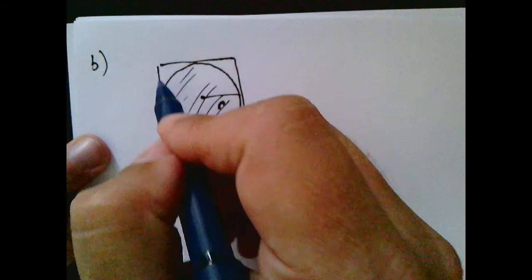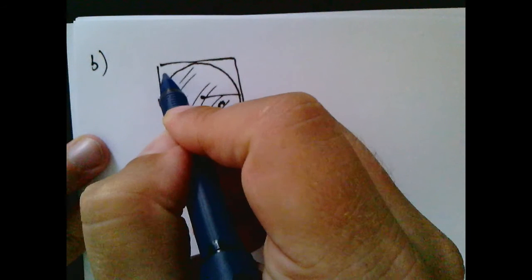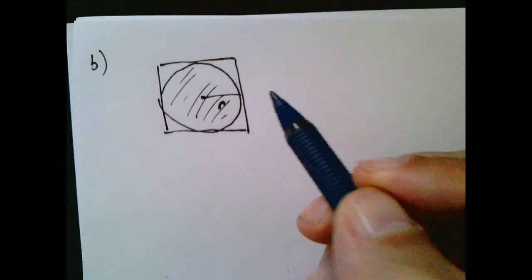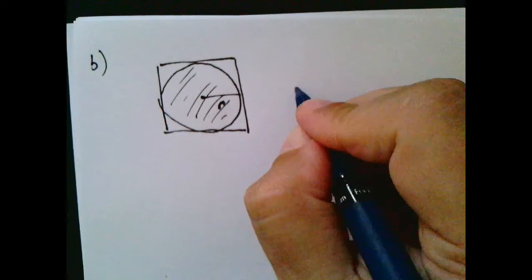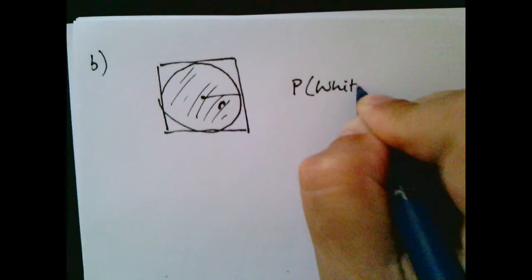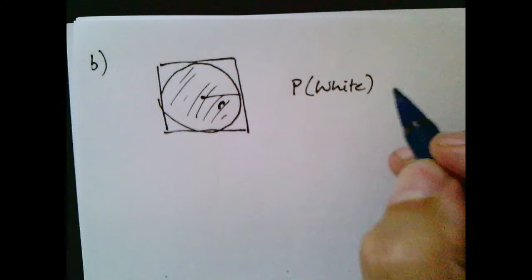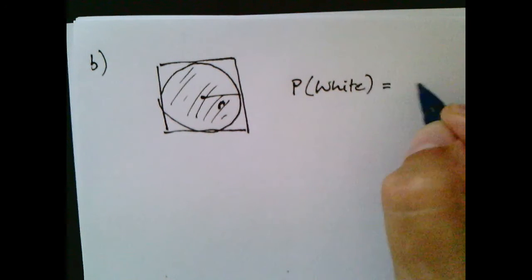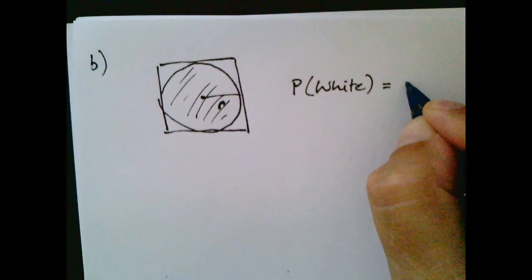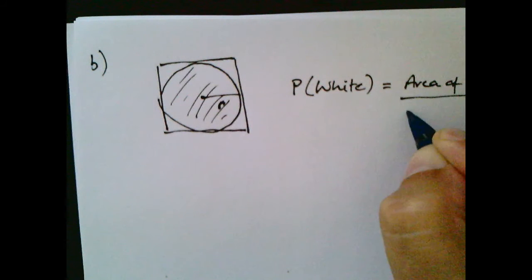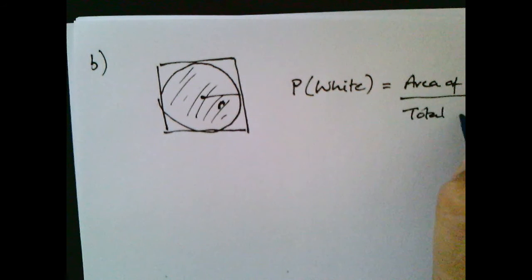So it's going to be the probability of it landing here, here, here, or here, which we can write as the probability of it landing in the white section is the area of the white section divided by the total area.